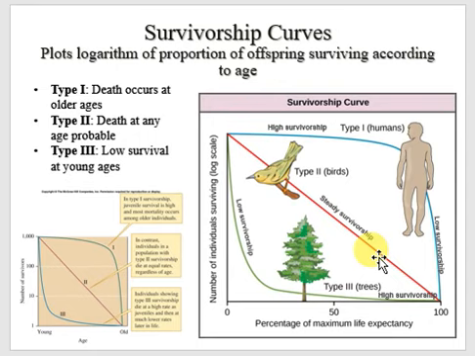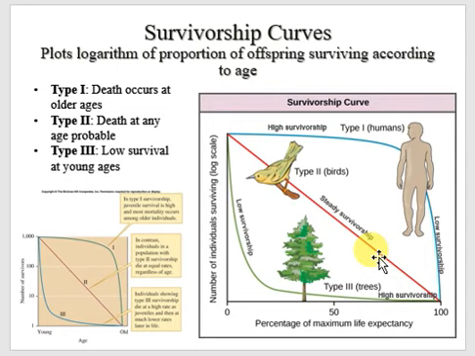So birds, especially your songbirds, are examples of this type 2 survivorship curve or intermediate curve, because they die more or less equally at each age interval.